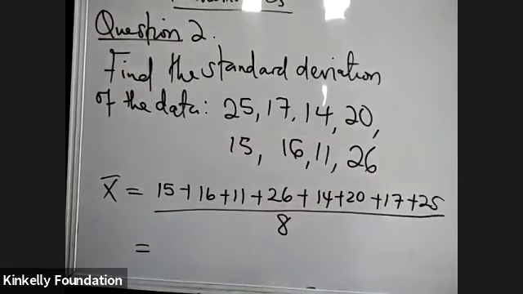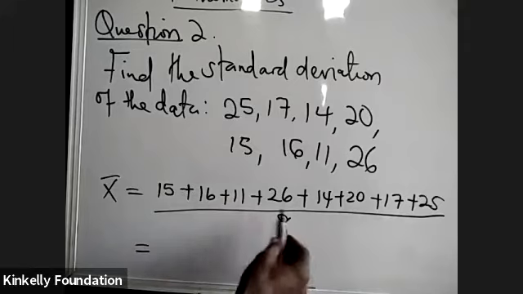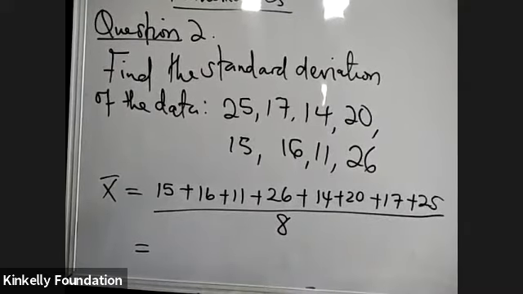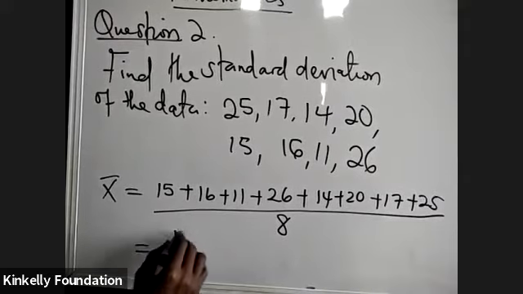So we now have the mean. This is 31, 41, 42. 42 plus this one gives us 68. 68 plus this gives us 82. 102 plus 25 and 17 gives 119.